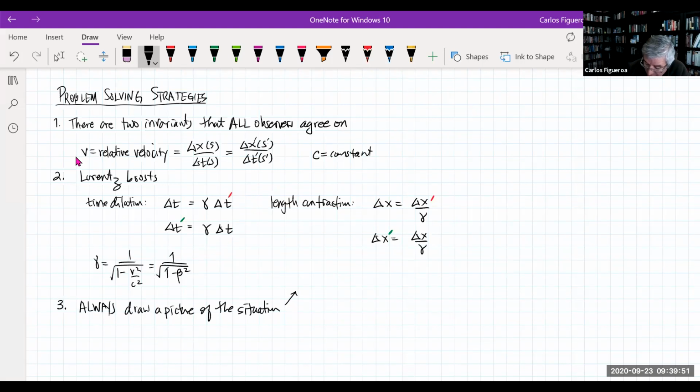I literally draw a sketch of what's going on, or I mean a space-time diagram. The job of the space-time diagram is to help you solve physics problems. That's it. It's not supposed to do anything else. It's only supposed to solve physics problems. And that's that.